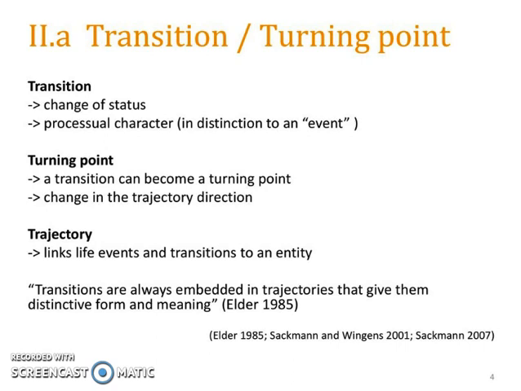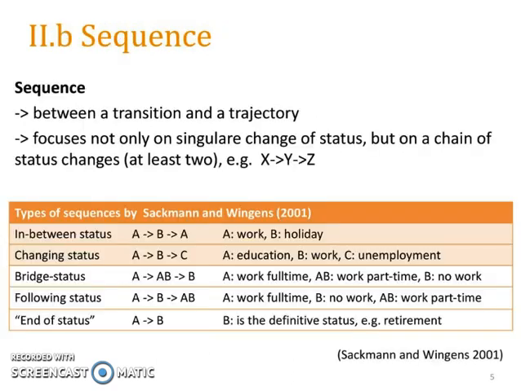So what is trajectory? Trajectory links life events and transitions to an entity. Transitions are always embedded in trajectories that give them distinctive form and meaning. This is taken from the book of Elder, which was written in 1985.